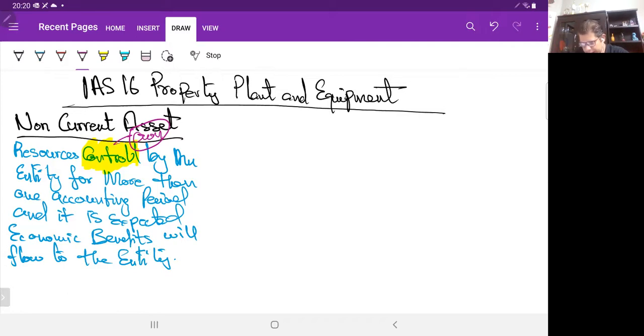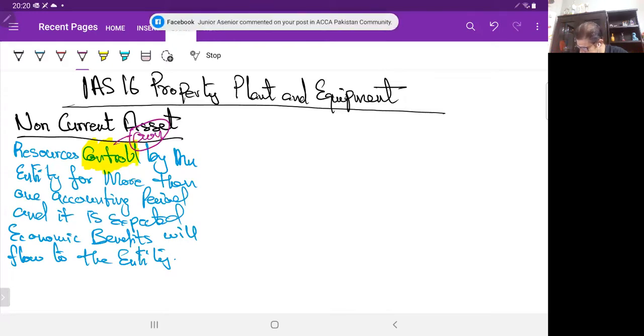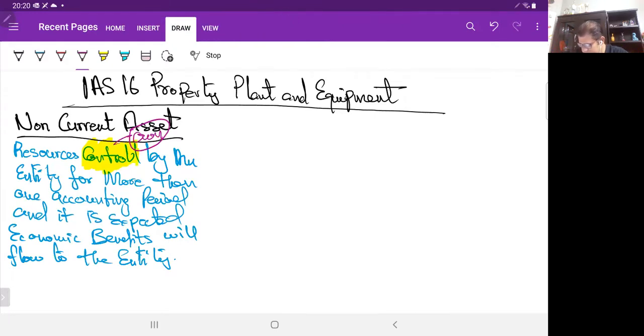In leases, although we do not own the asset legally, we still recognize them in our financial statements. This is the reason we use the word control instead of own.